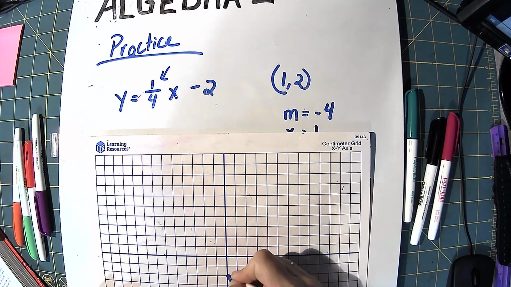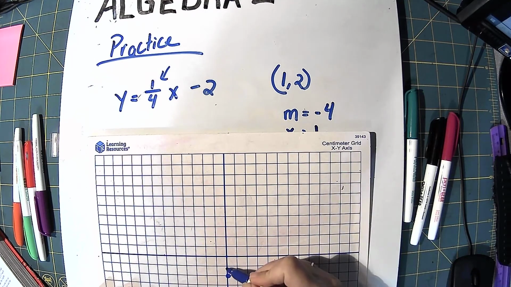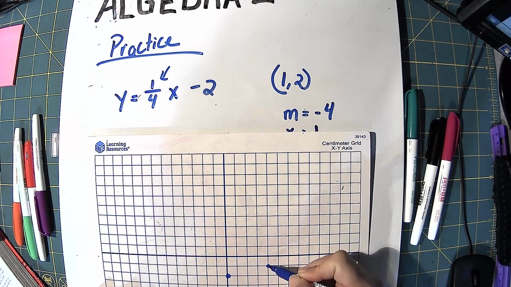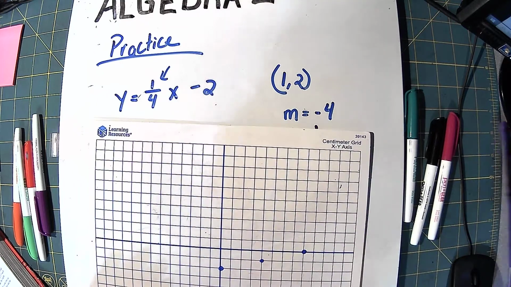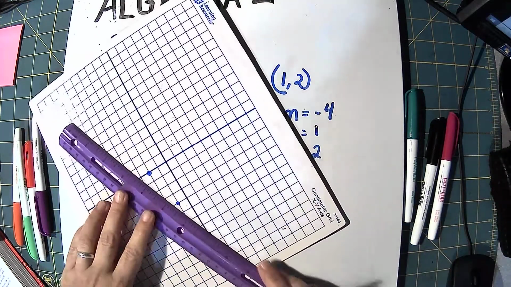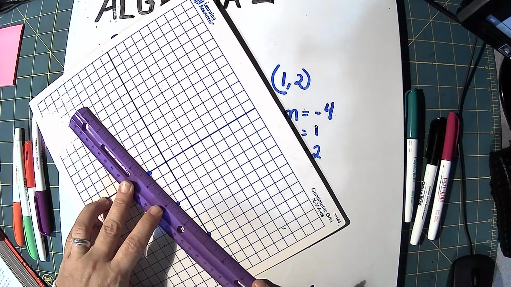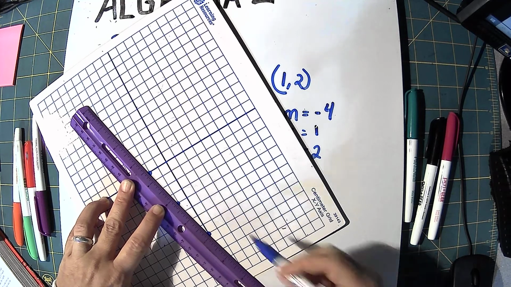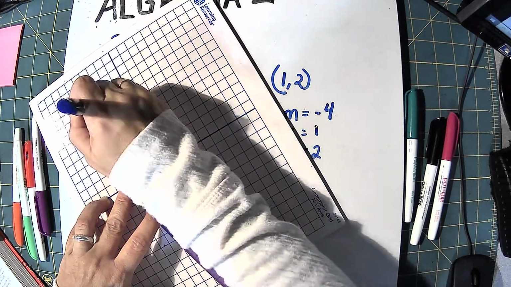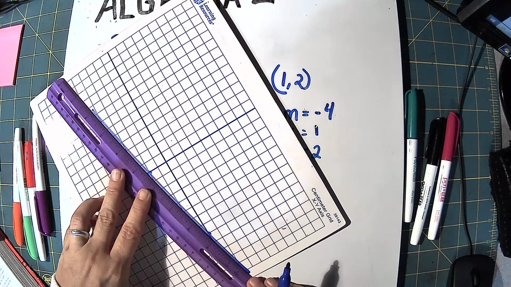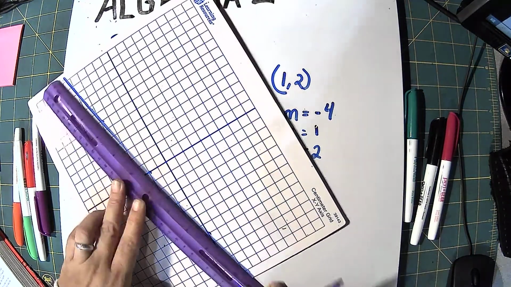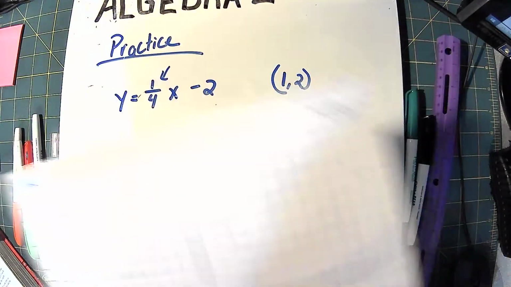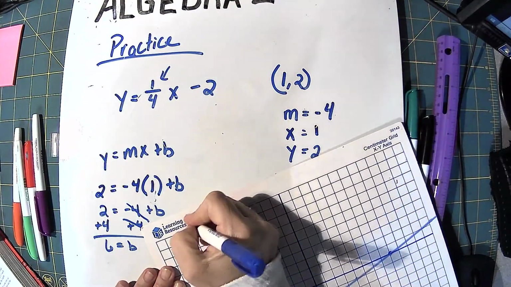So I'll go to negative 2, and I go up 1 over 4, and then I could draw a line for those. Okay, there's that one. And that one is y equals 1/4 x minus 2.